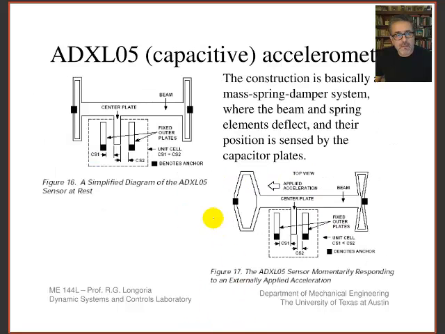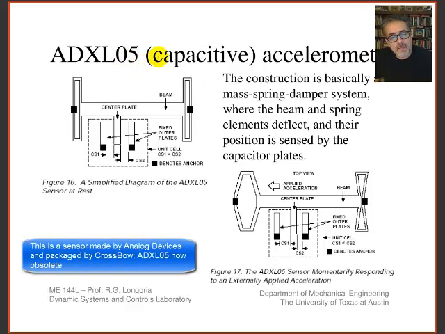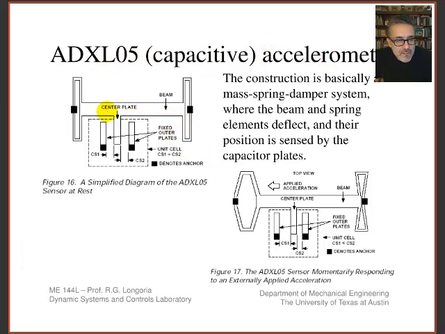Okay. Now the sensor, actually the one that we use, is technically this ADXL05, and that's been packaged as this Crossbow accelerometer, and it's a capacitive accelerometer. And just to show you the insides, this is a MEMS structure. You have this beam here that's got some stiffness to it, and here's a center plate that moves between two plates.